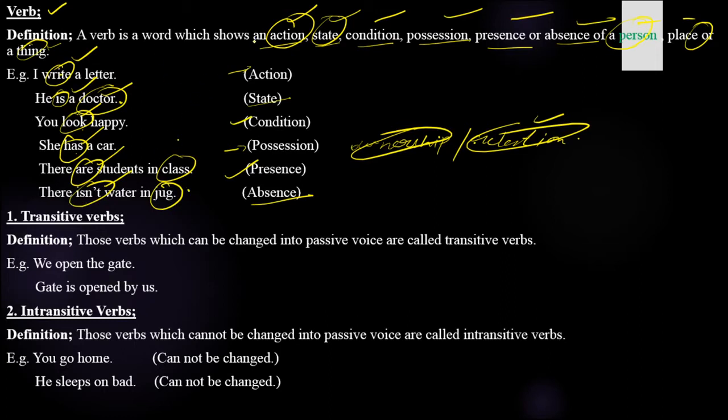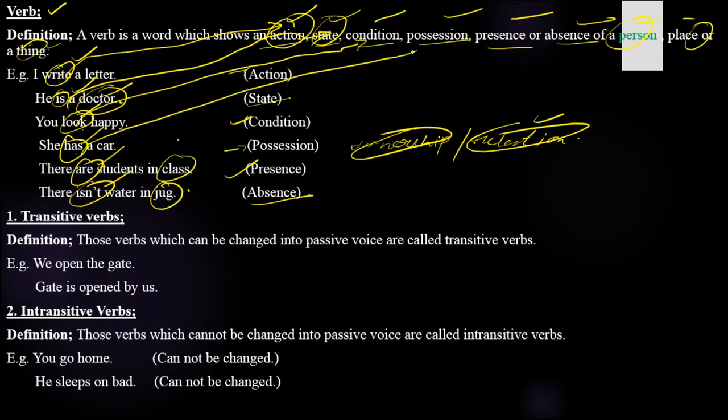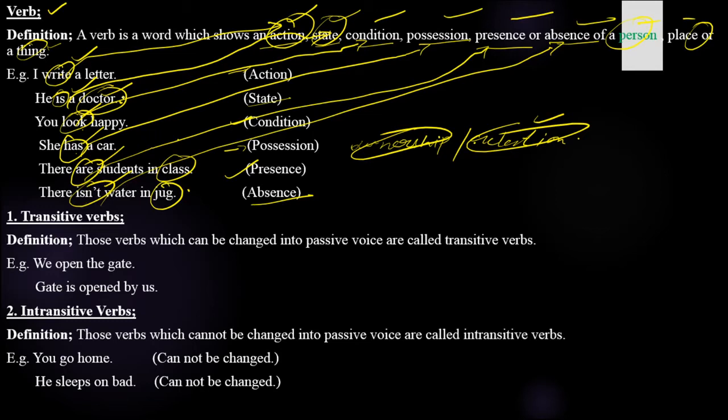Person is doctor, place is class, and thing is jug. Over there, write is showing action, is showing state, look is showing someone's condition, has is showing possession, are is showing presence, and the last one, isn't, is showing absence.